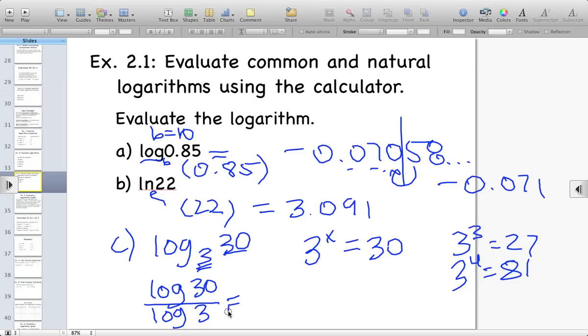So in this case, the log of 30, close parentheses, divided by the log of 3, close parentheses, is equal to 3.0959 dot, dot, dot. All right, so we're going to round to 3 decimal places. So this is worth approximately 3.096. Now that makes sense.